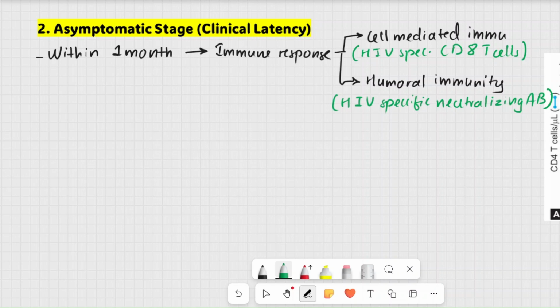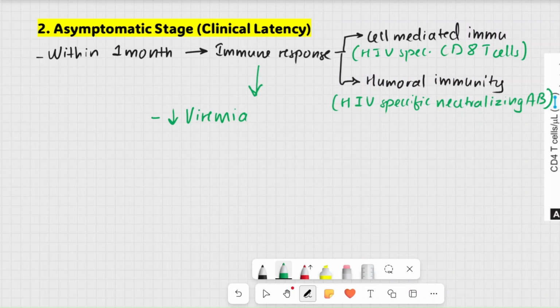Okay, and please remember that because of this immune response two things are going to happen. The changes that happened in stage 1, this immune response will try to reverse those changes. It is going to decrease the viremia, so the viremia drops down, guys. That means the amount of virus present in the blood is going to decrease because of the immune response.